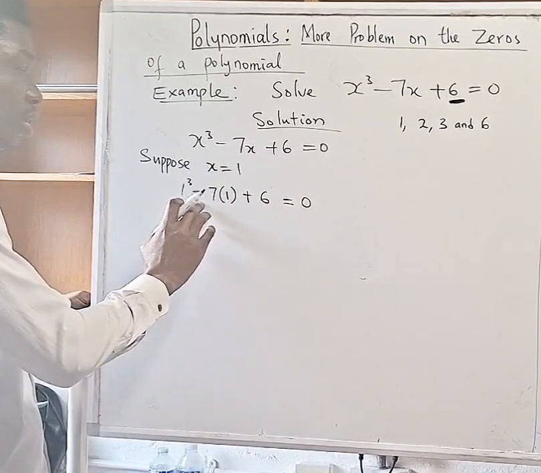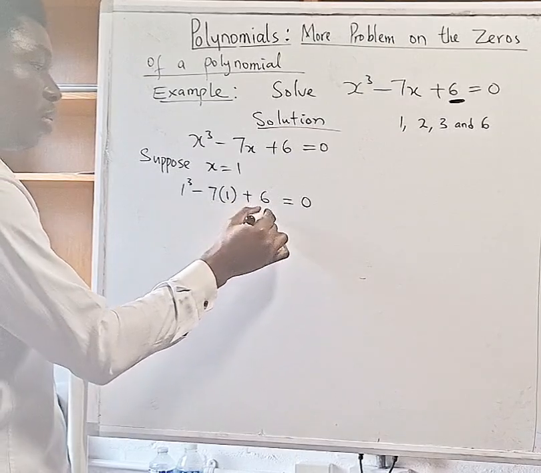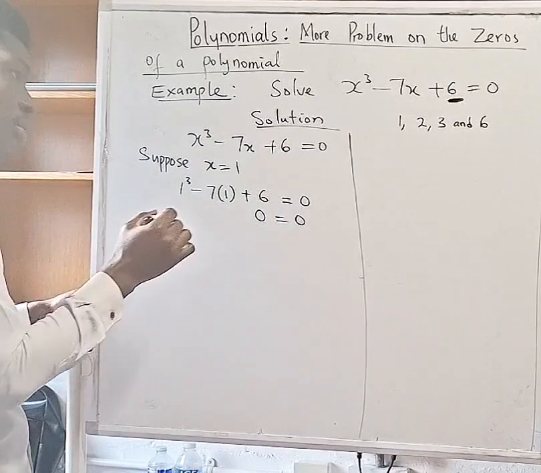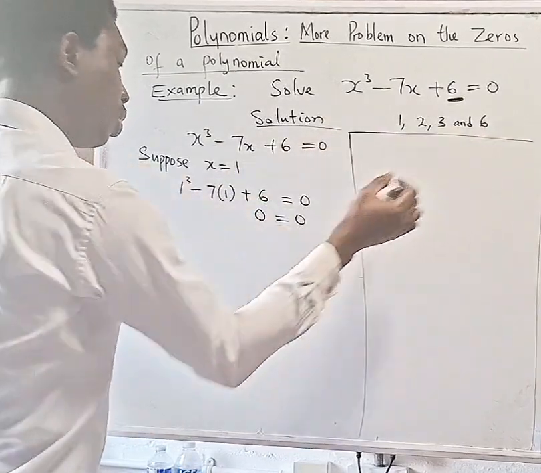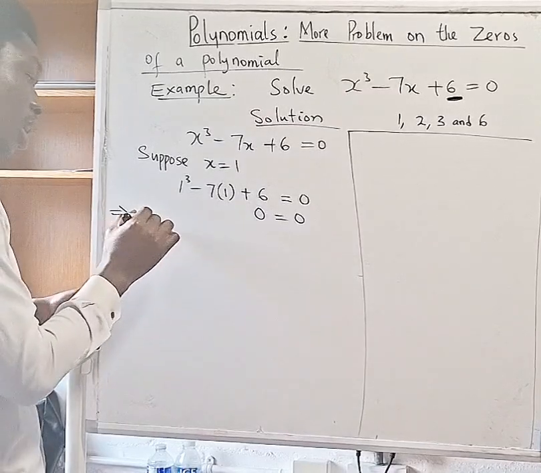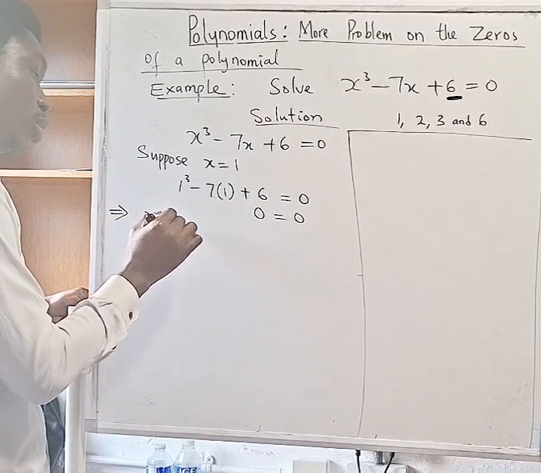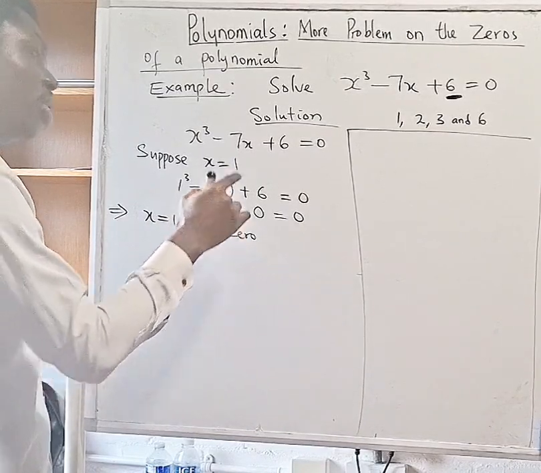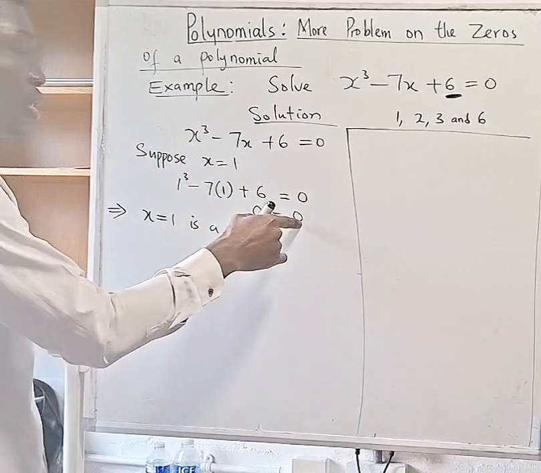So let's see if this is 0. If you solve here, you get 0 equals 0. All right, so this implies that x equals 1 is a 0 of this polynomial because it reduces it to 0.